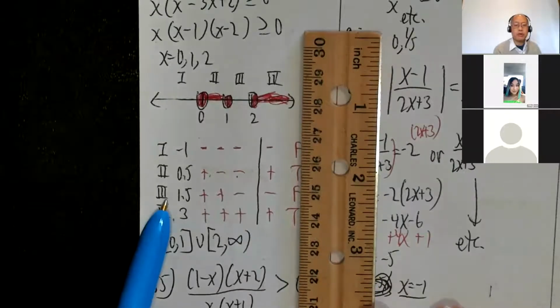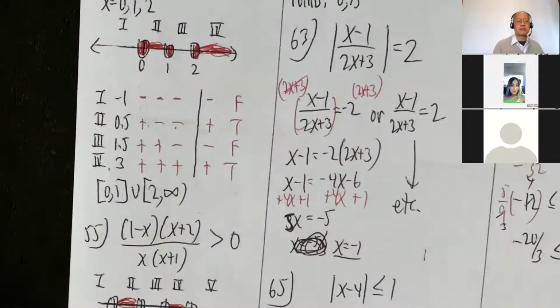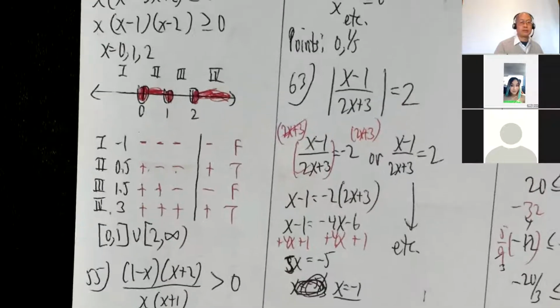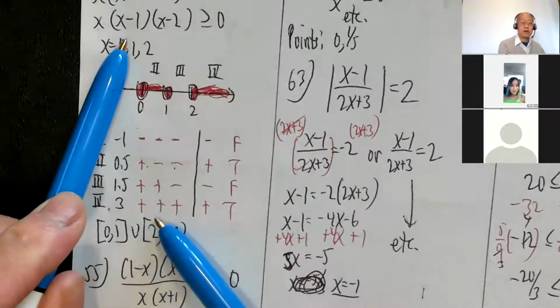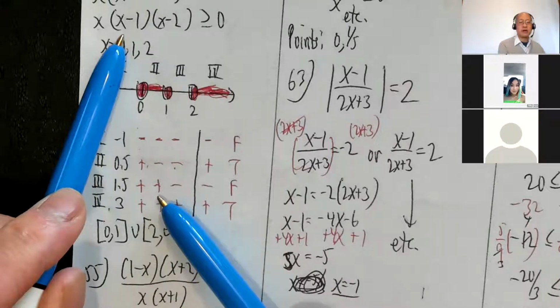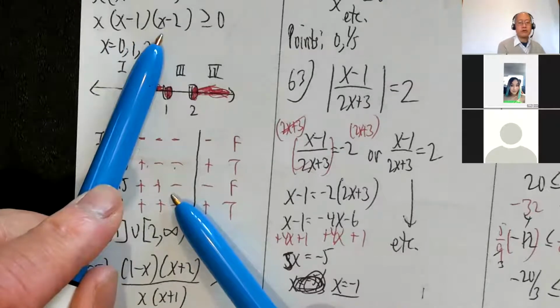Okay, region 3, 1.5. Okay, 1.5, positive. 1.5 minus 1, positive. 1.5 minus 2 is a negative.